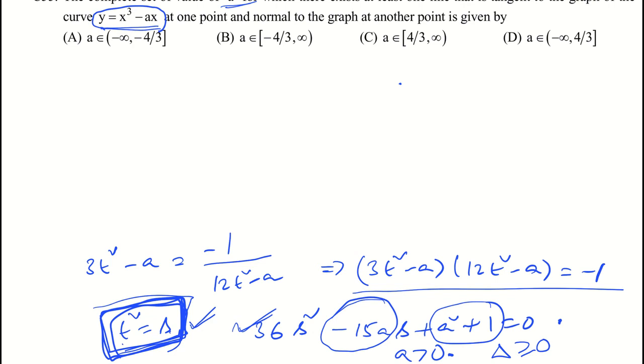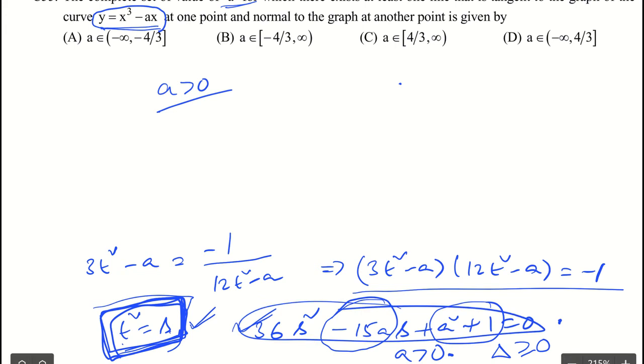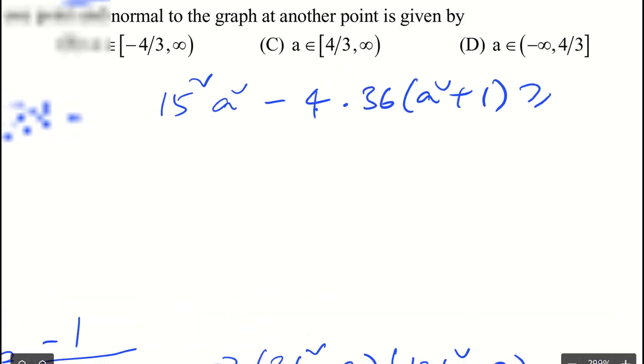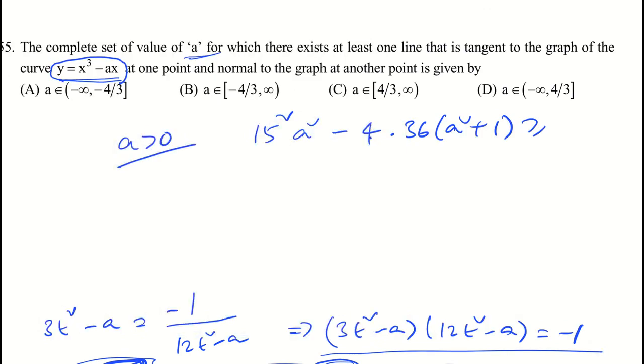So we have a greater than 0 and, from this, writing the discriminant, I'll have b square minus 4ac, that is 225 a square minus 4 into 36 into a square plus 1 should be greater than or equal to 0.